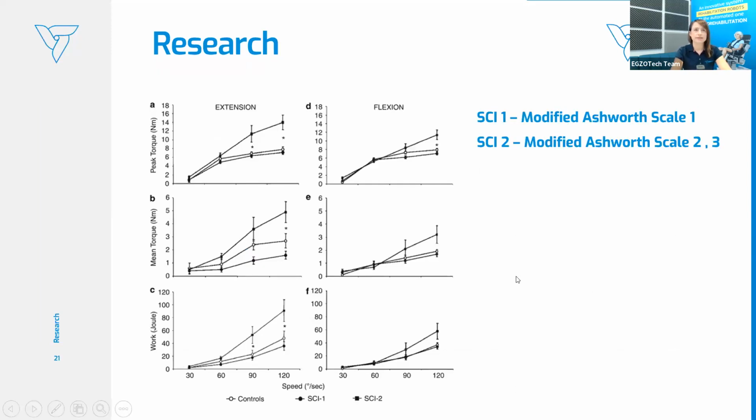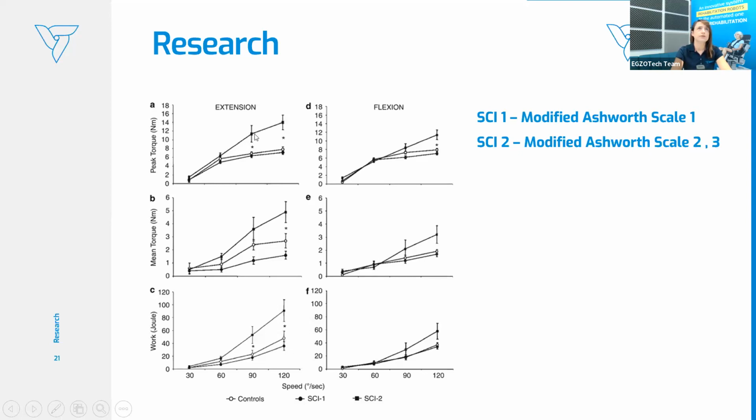And then you can look at the values of both torques. So here we have peak torque and mean torque, and they were trying to match it with the modified Ashworth scale. So here you have spinal cord injury patients with the Ashworth 1 as the black dots, like you can see down here. And you can have the modified Ashworth scale 2, 3, which are the black squares. So basically we can see some correlation with the Ashworth scale, especially with the peak torque.